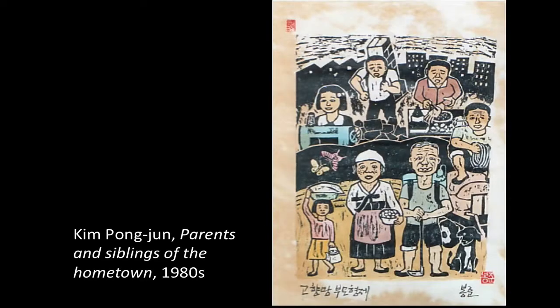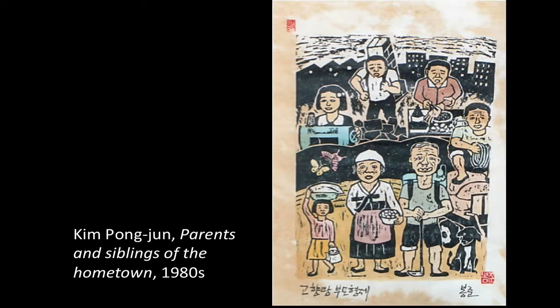Another thing that the Minjung artists criticized was uprooting. And this is an example of this kind of topic, Kim Pong-jun's woodblock print, in which he points to the negative effects of industrialization in Korea. In the upper part of the print, you see young people who left their hometowns to work in the cities.